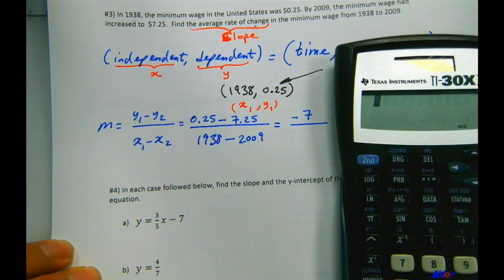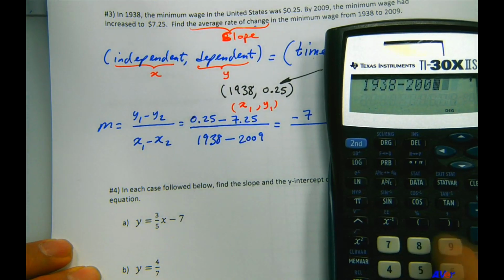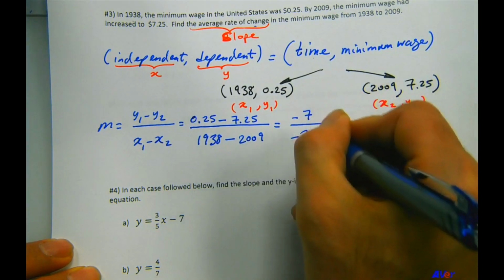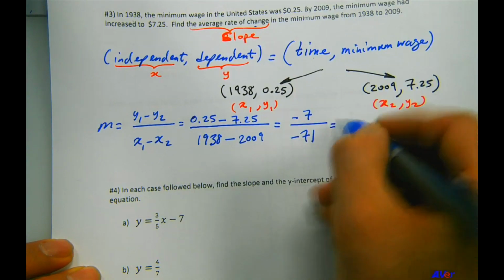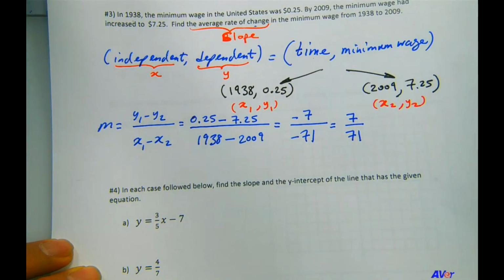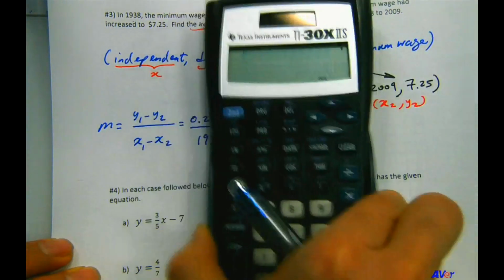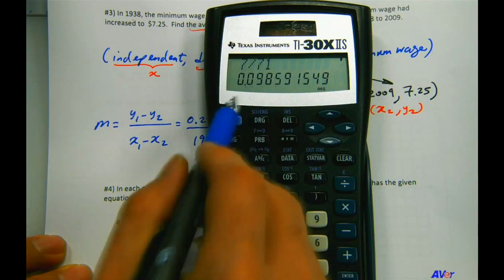here's the calculator, 1938 minus 2009, minus 71. Okay, so negative divided by negative is positive, 7 over 71, and calculating that quantity, 7 divided by 71, we have 0.09.